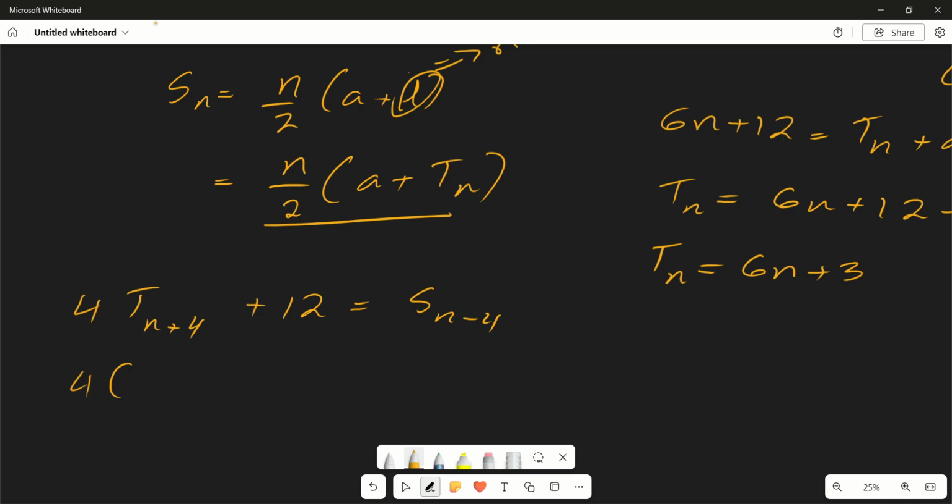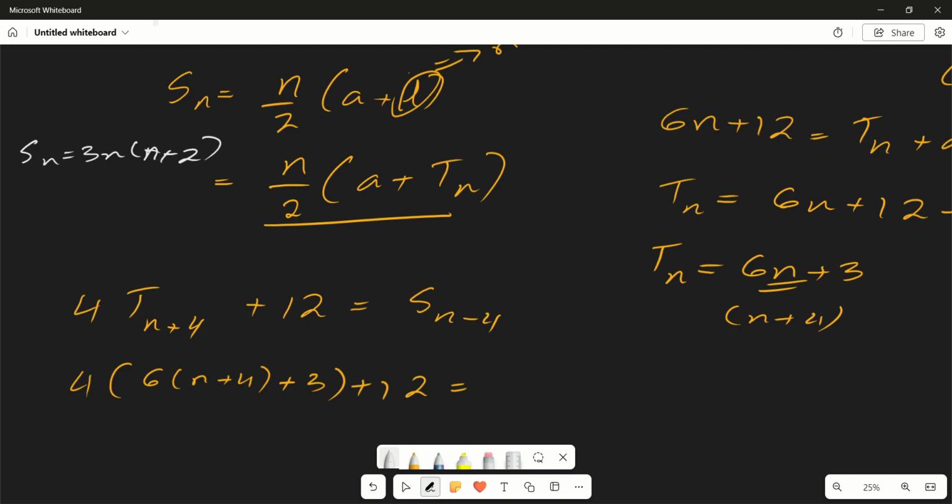So in the tn formula we have to put n plus 4. So 6(n plus 4) plus 3, plus 12, equals, and we know the Sn formula given is 3n(n plus 2), and if we put the value n minus 4 we get 3(n minus 4)(n minus 2).